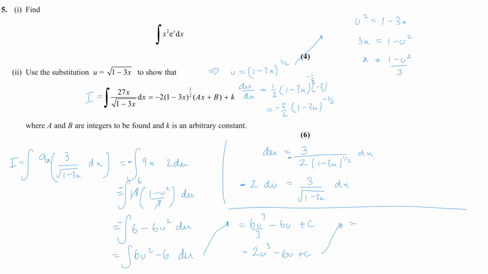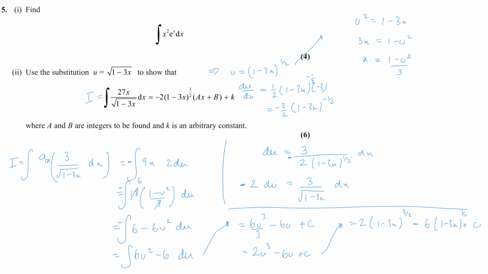Now we're going to substitute u back in, so we get 2u cubed, so u is 1 minus 3x to the power a half, so it's 3 over 2, minus 6, 1 minus 3x to the power a half plus c.